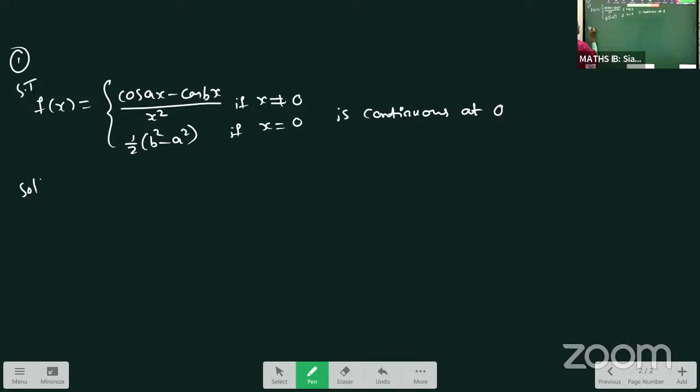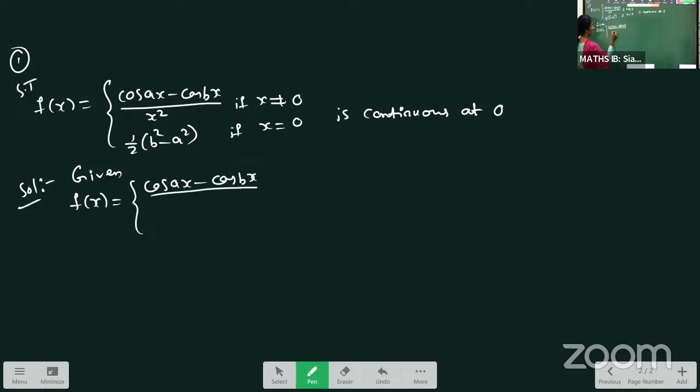Solution. First take the given value. Given f of x is equals to cos ax minus cos bx by x square if x not equal to 0. Next one, half of b square minus a square if x is equals to 0.